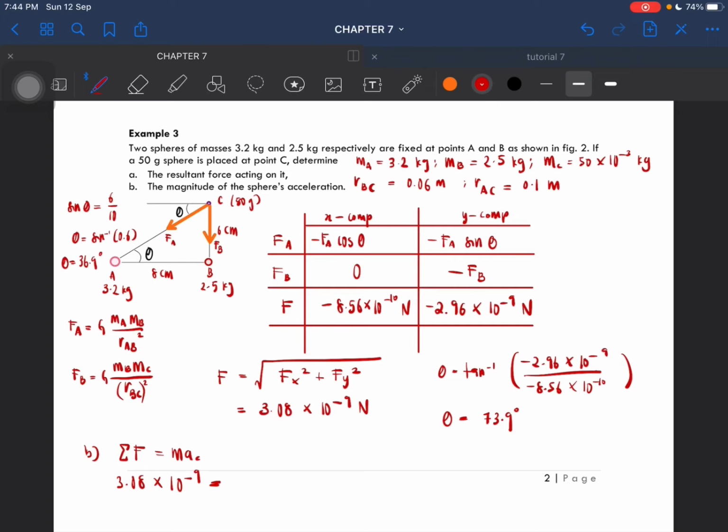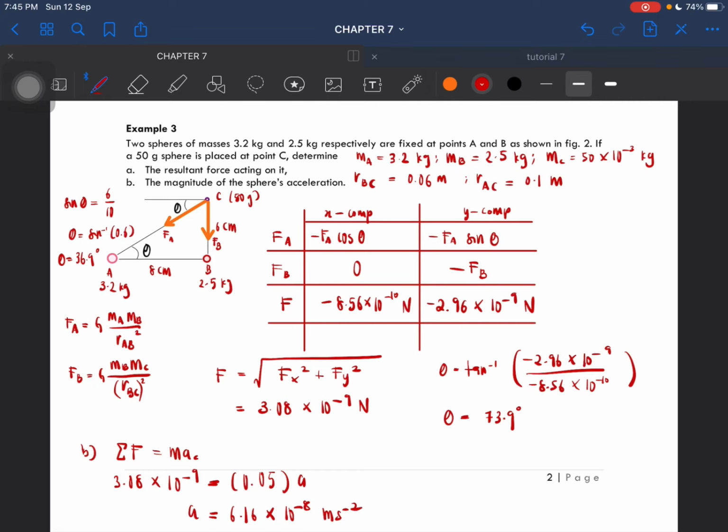For this one, we are going to use the 50 gram mass, because we are now looking at the 50 gram sphere, so 0.05 kilogram. So you should get the acceleration to be equal to 6.16 times 10 to the power of negative 8 meter per second square. So that is how you solve for example number 3.